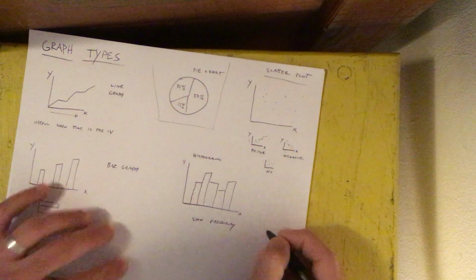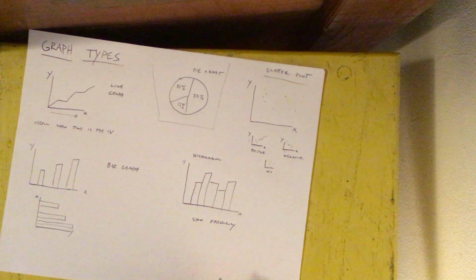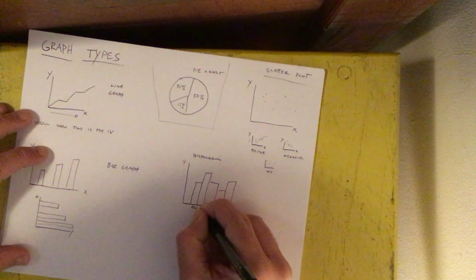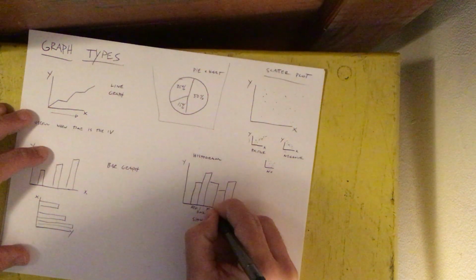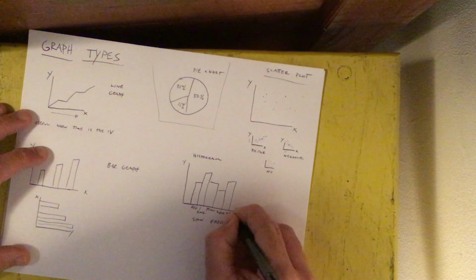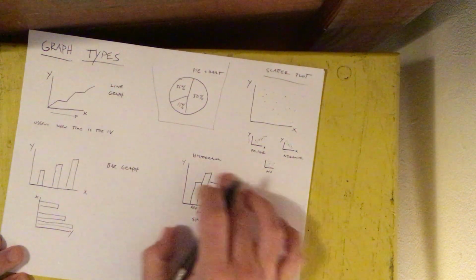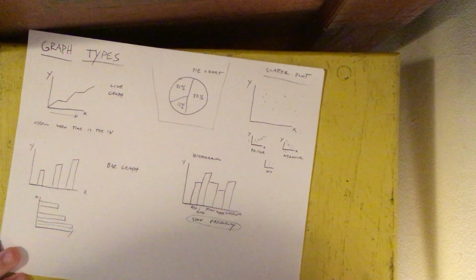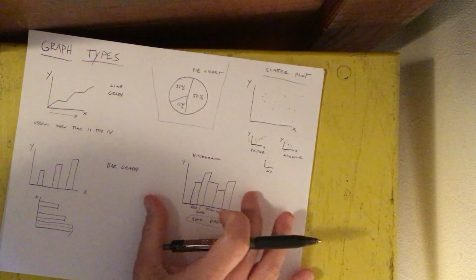So let's say you were sitting on your porch looking for cars to go by, and the different bars could be like the colors of cars. So you got like red, black, yellow, white, and green. The frequency of the various colors of car that go by your house would be shown in a histogram.